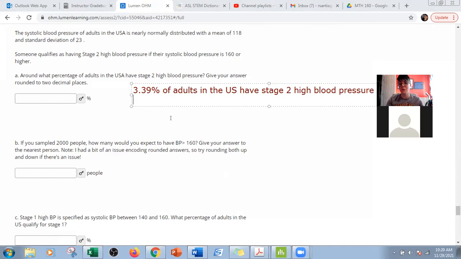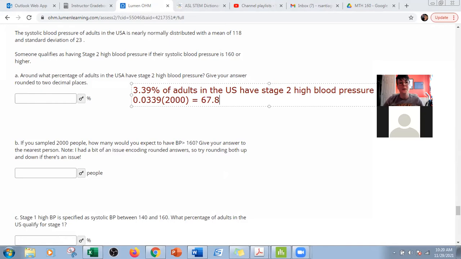Yes. So let me show you how you do this. First, you turn 3.39% into a decimal. So it'd be 0.0339, because you have to move that decimal 2 places over. Then times 2,000. So let me punch this in. 0.0339 times 2,000 is 67.8.